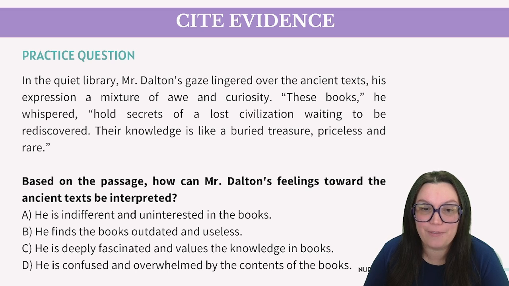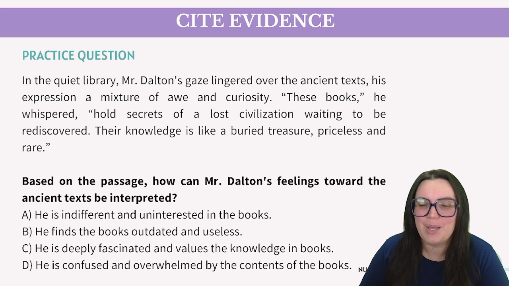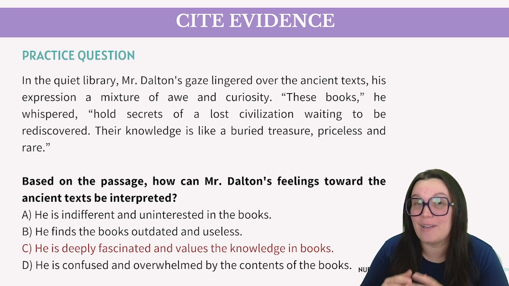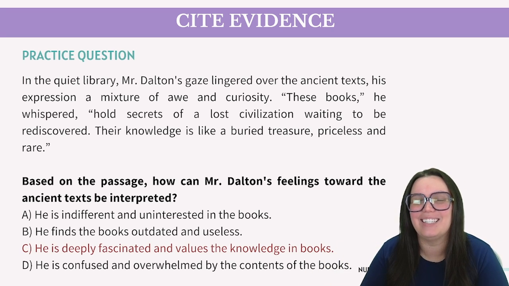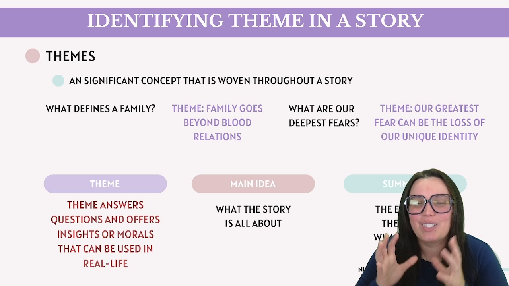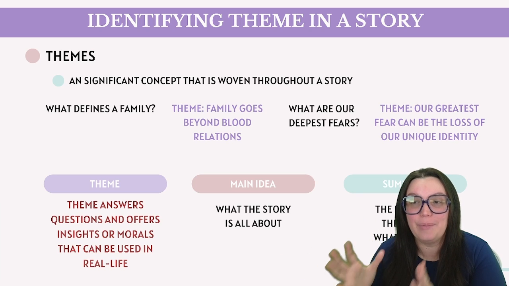C, he is deeply fascinated and values the knowledge in books. Yes, absolutely, that could be our correct answer. But lastly, D, he is confused and overwhelmed by the contents of these books. Well, he's definitely not confused by them. So out of all of the options that we have available to us, again, C is going to be the correct answer.